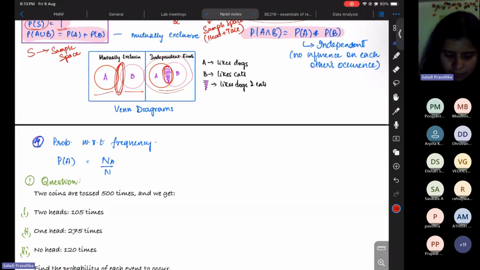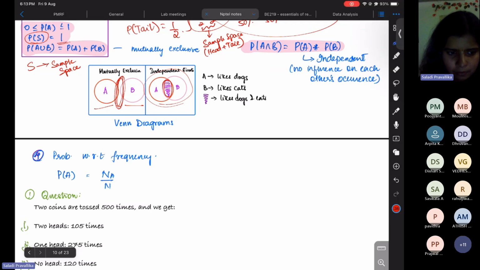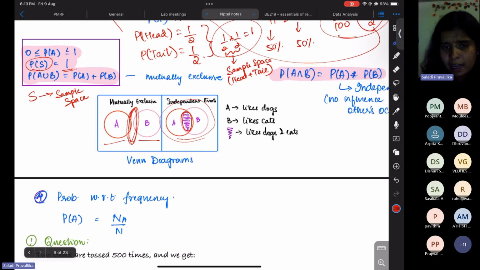So now, okay, if I'm having two or three, I'm able to count it and I'm fine with it. But what if I have to conduct an experiment 100 times or 150 times or 200 times? I can't keep counting it all the time, right?